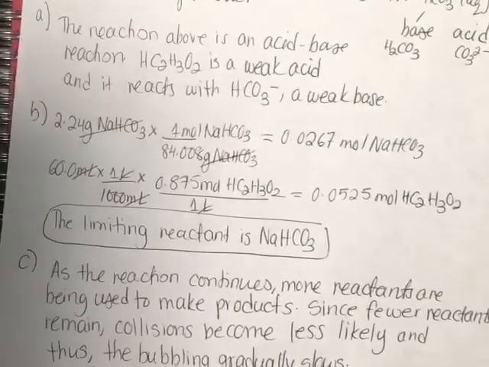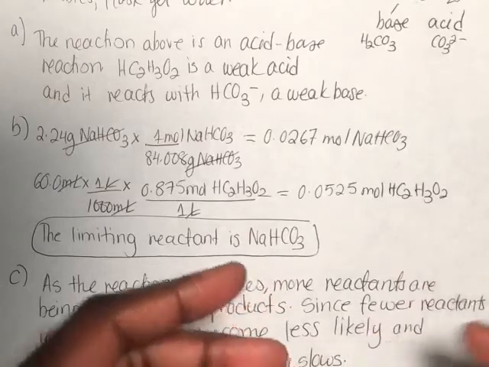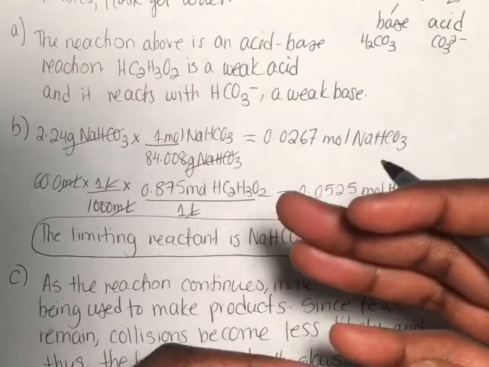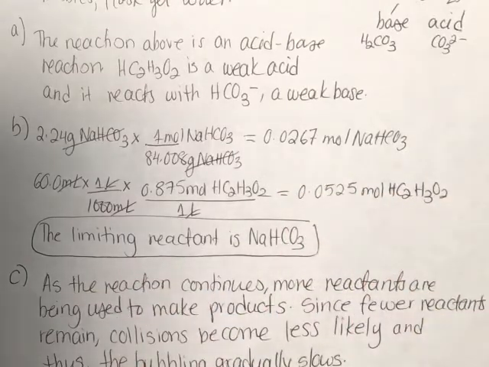So as long as you mention that reactants are being reduced, and so because there are few reactants, there's less reactions happening, and so there's less collisions, and therefore the bubbling stops, you get 1 point.